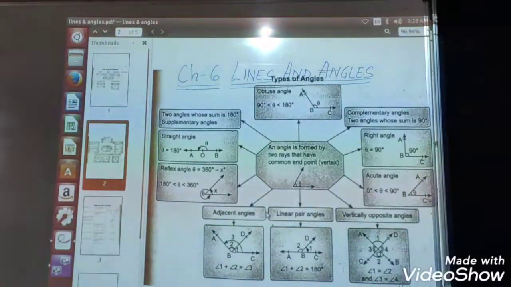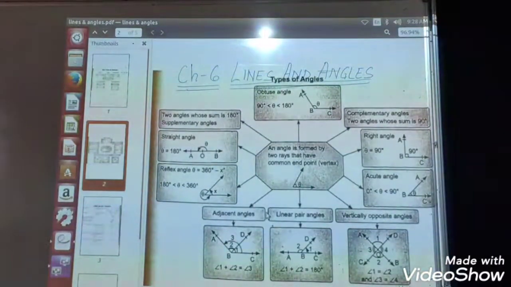So, lines are line, ray and line segment. But at our level, we will only learn a line and will not use specific symbols for line, ray and line segment. We will just take it as line.